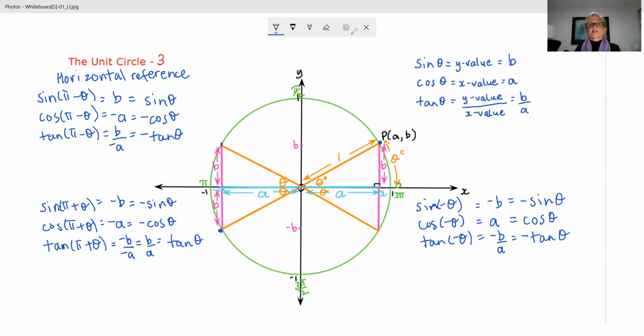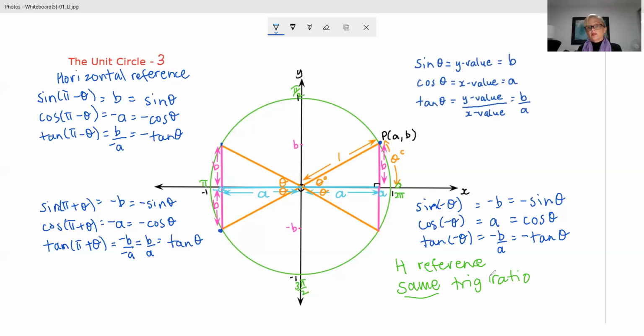All right, now let's try to summarise and work out what on earth we just learnt there. What do we know? Well, whenever we do what I refer to as a horizontal reference, which means when you have your theta next to the x-axis, so that's going to be like a pi minus theta or a pi plus theta or a negative theta, you actually have the same trig ratio.